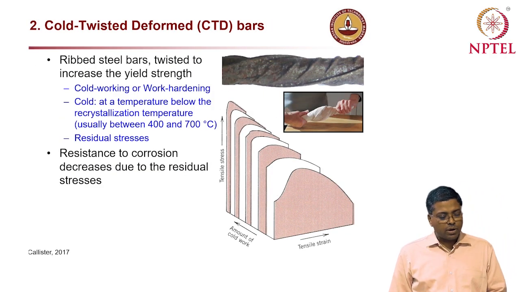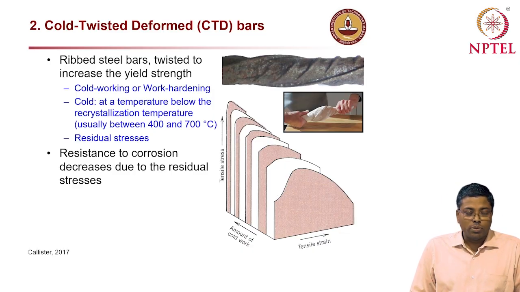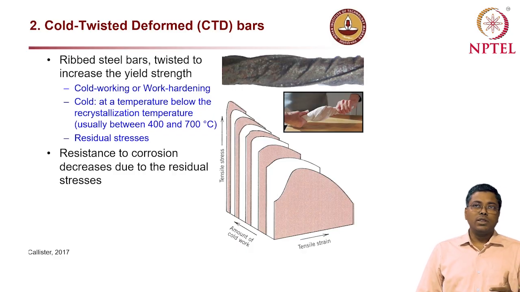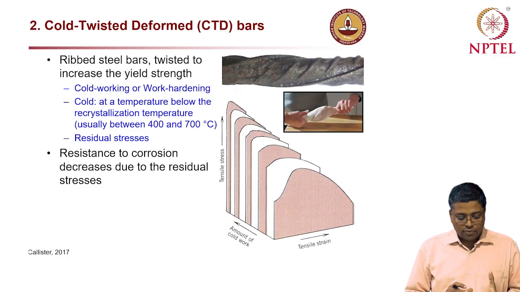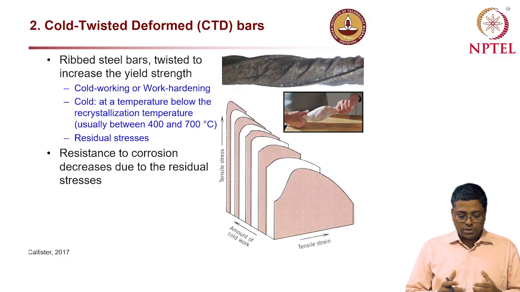The other type of rebars which were in the market earlier is cold twisted deformed bars, because there was a demand for a higher strength without really changing the chemical composition. So industry went on with cold working the steel; these are basically cold worked steel or work hardened steel.